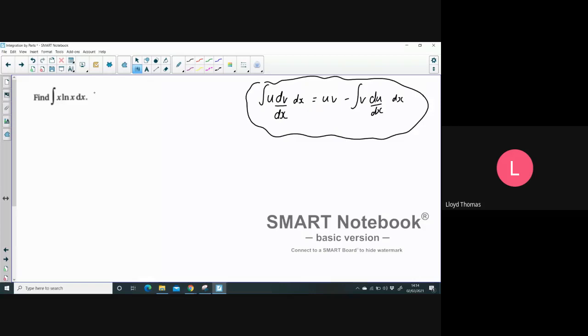If you were to start off by saying that u is x and dv by dx is ln of x, u for the first term, dv by dx for the second term, there is an issue. Anyone spot the issue? At least I want you to have a think for now. There is an issue with the next step of this question.